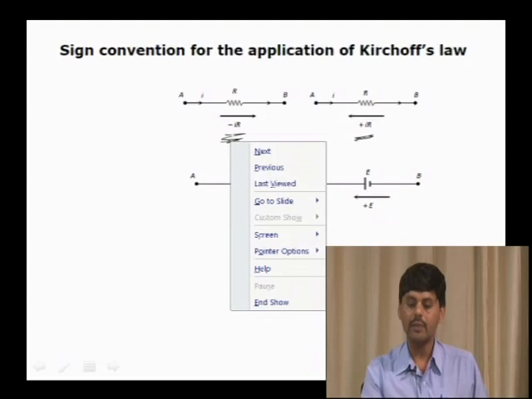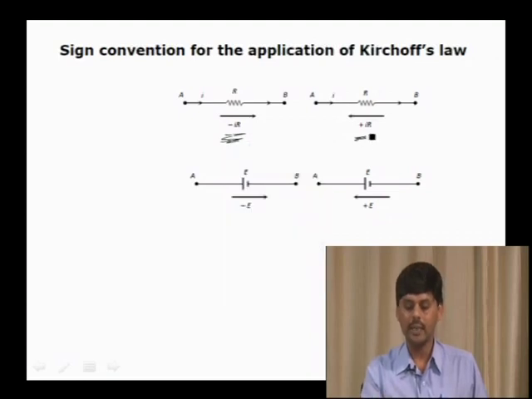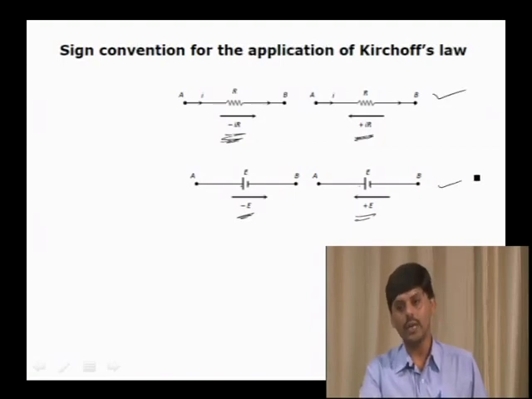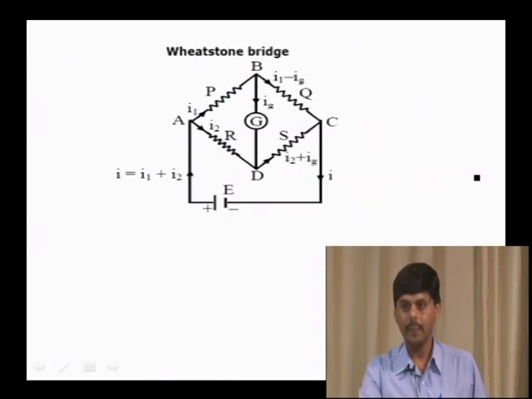Opposite to the direction of the current, we take plus. Similarly, in case of the EMF, when we move from higher potential to lower potential, the EMF is minus E. If you move from lower potential to higher potential, then the EMF is positive. This is the sign convention. If you know this sign convention, it is very easy to solve Kirchhoff law problems.